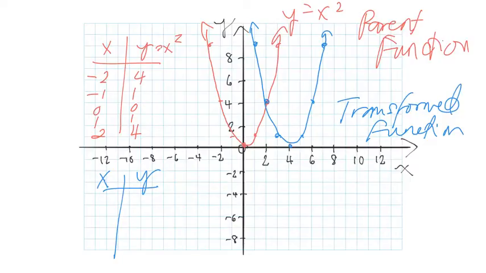So the first point is here, and that is 2, 4. Then the next point here is 3, 1. The next point is 4, 0. The next point is 5, 1. And the last point is 6, 4. Oh, that didn't quite fit.